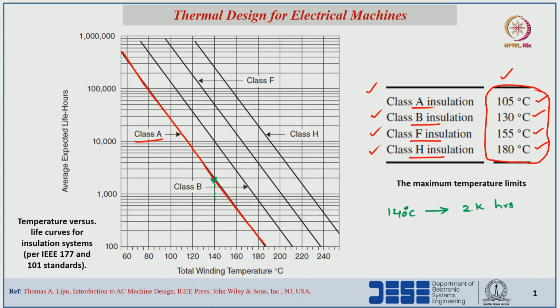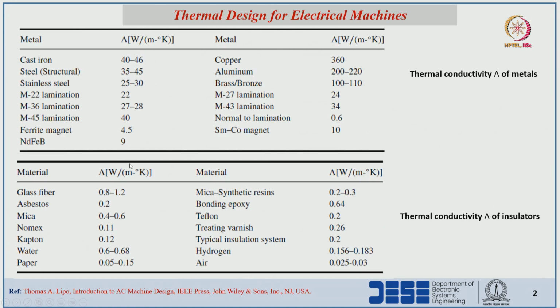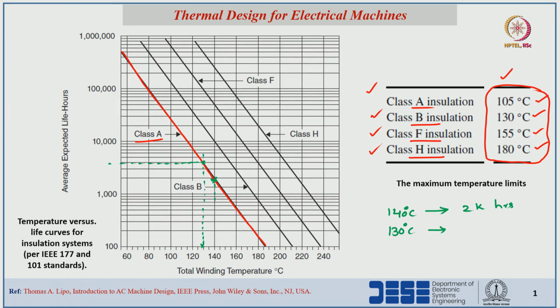If we reduce the temperature by 10 degrees, let us say to this particular point, 130 degrees Celsius, the average lifetime we can see here, with respect to this line, is almost 3K to 4K hours, 4000 hours. This is point T1 and this is point T2. T1 is 140 degrees Celsius and T2 is 130 degrees Celsius.